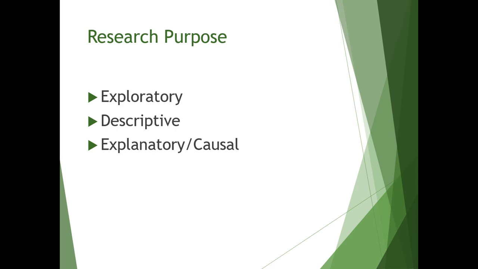There are researches whose objective is to describe a problem or an event, and there are researches in which you go into details of the problem and try to see why this is happening, what is the relationship between this variable and the other variable. When you do it at that level, it is called explanatory or causal research.